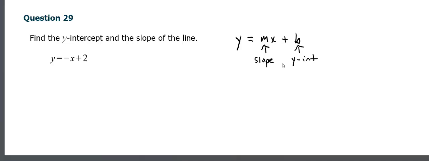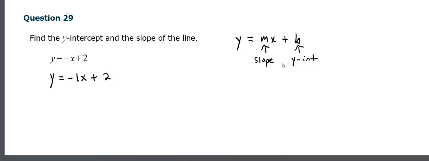This particular equation is already in slope-intercept form, but it would be helpful if we actually put in the coefficient in front of x. When you just have that negative sign, that implies -1. So we have -1x plus 2.